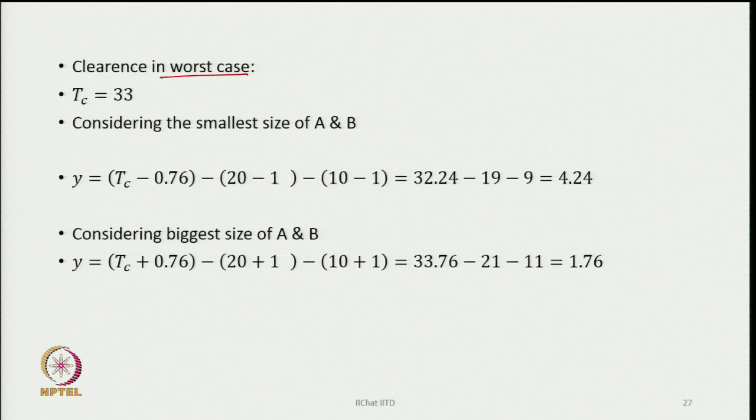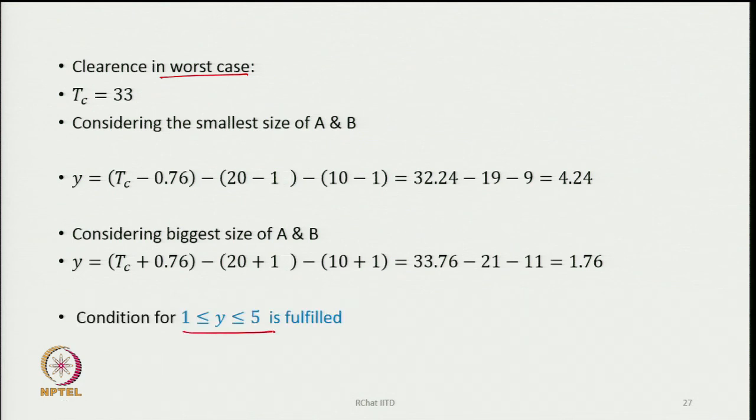That is, the clearance of Y in the one worst case is 4.24. In the other worst case, we are assuming the biggest size of A and B. So, we are assuming 20 plus 1, 10 plus 1, 33.76 minus 21 minus 11, that gives you a figure 1.76. What was the requirement?